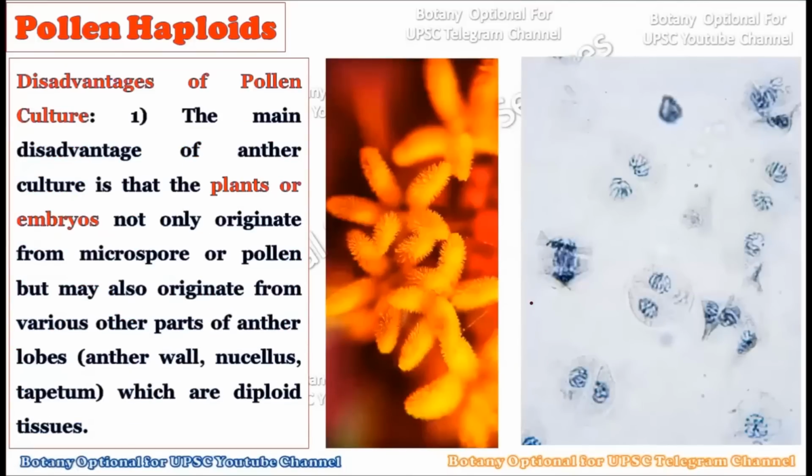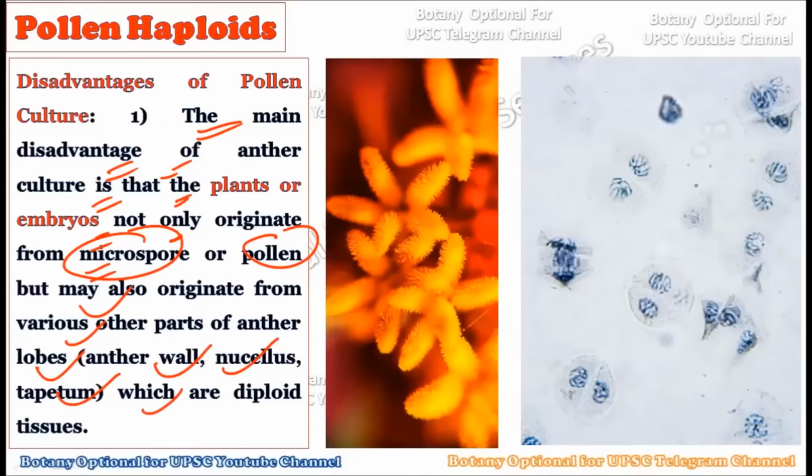Now see what are the disadvantages of this technique. There are some disadvantages as well. The main disadvantage of anther culture is that the plants or embryos not only originate from the microspores or pollen, they may also originate from various other parts of the anther lobes, that is the anther walls, nucellus, and tapetum, which are diploid tissue.